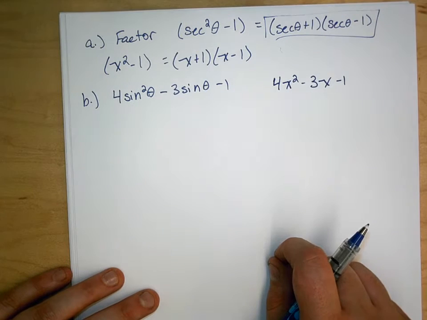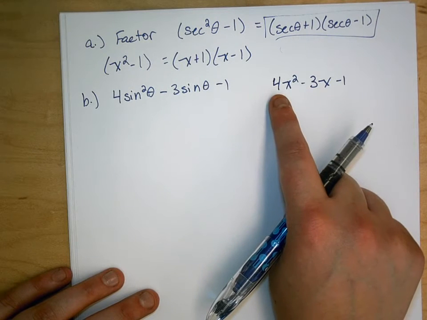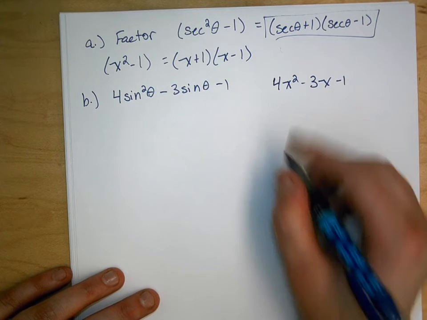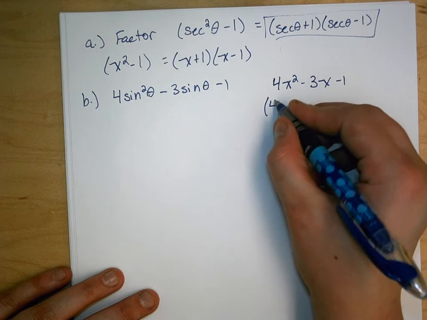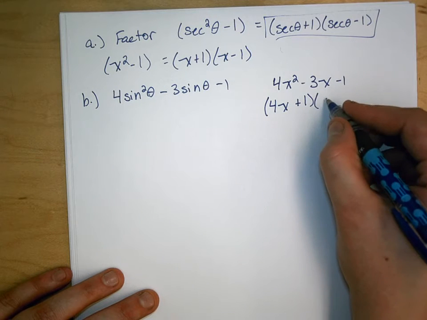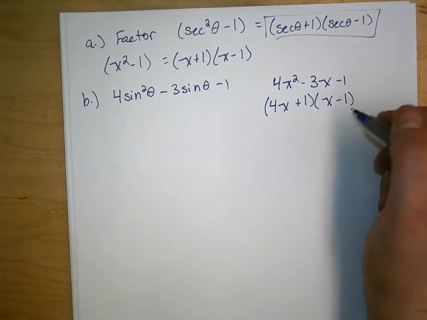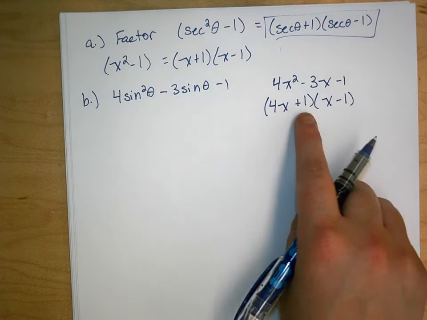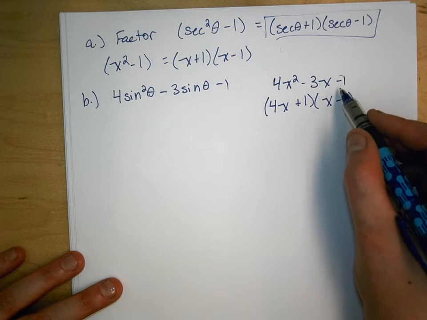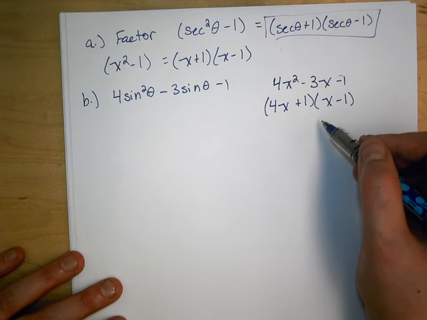So I see I have a negative 3 here, and I have a 4, and I have a negative 1 here. So that gives me some inclination that I'm going to have something like 4x plus 1 times x minus 1. I knew I'd have a plus and a minus here because my ending number is subtracting.